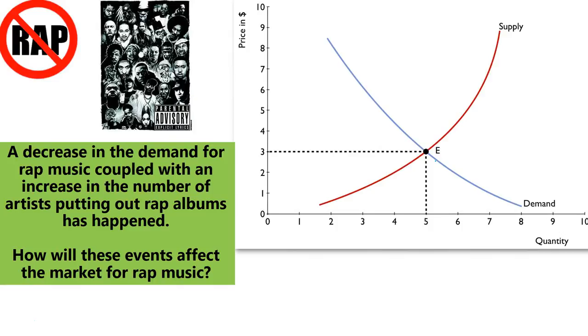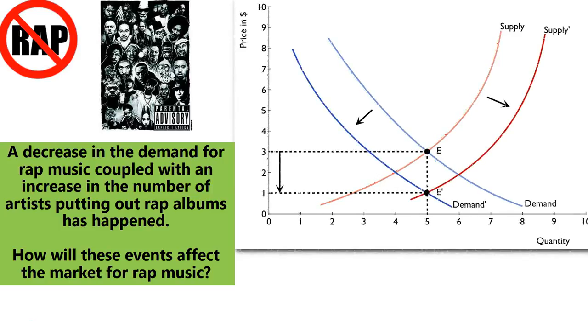For your last version of this, there's a decrease in demand for rap music coupled with an increase in the number of artists thinking that they're pretty talented and wanting to put out rap albums. What you're going to see here is a decrease in demand but an increase in supply. So my original equilibrium will now become a new equilibrium point.